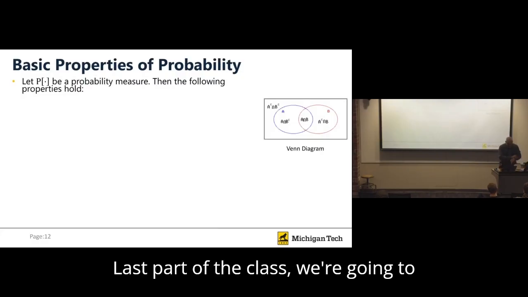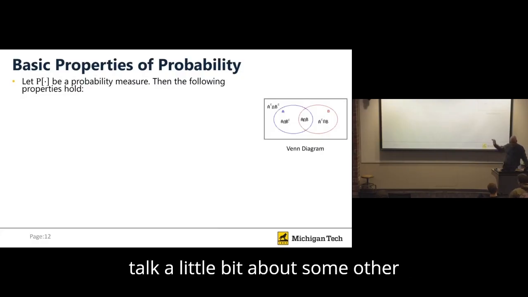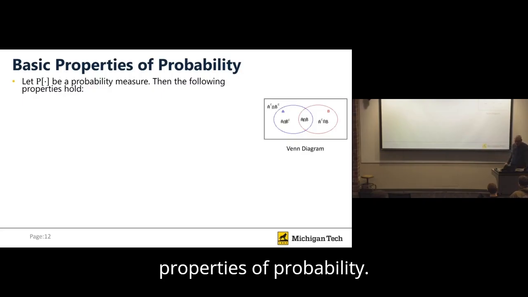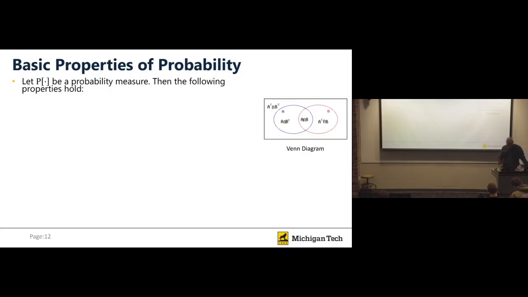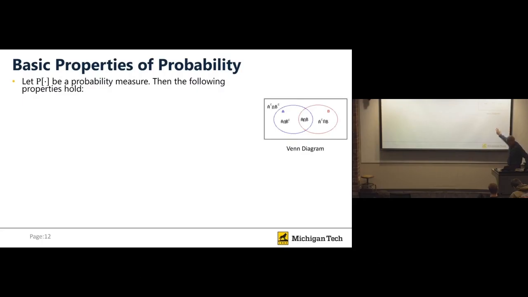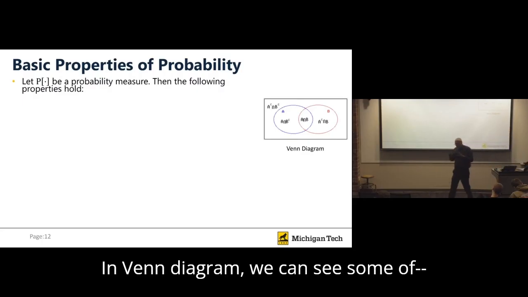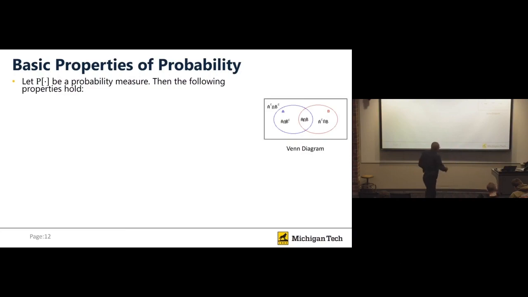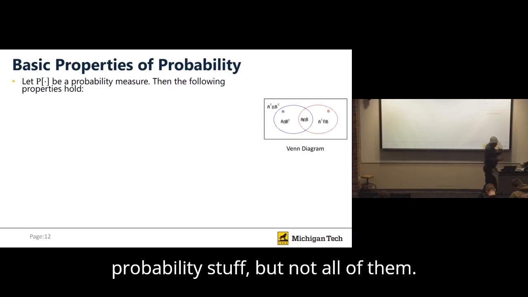In the last part of the class, we're going to talk a little bit about some other properties of probability. We also have the Venn diagram. In a Venn diagram, we can see some of the probability concepts, but not all of them.